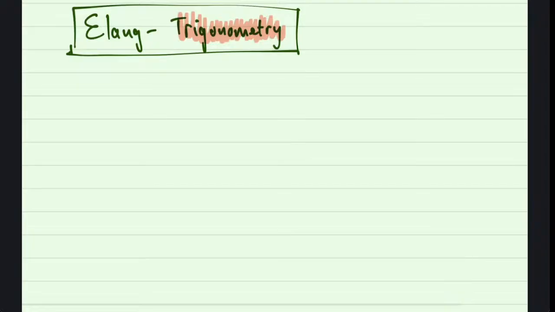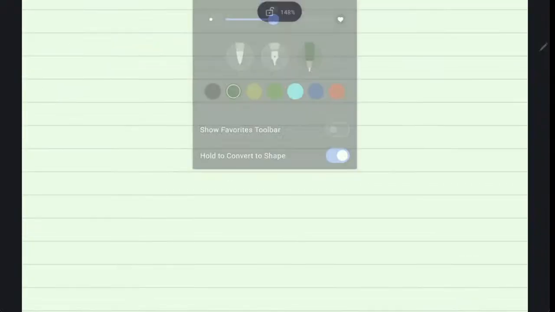So, okay, what we were doing was we saw that when you're doing areas, you have 3 types of triangles.